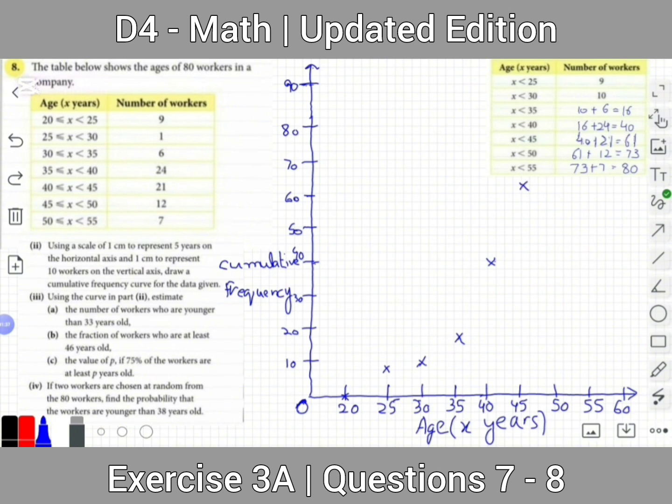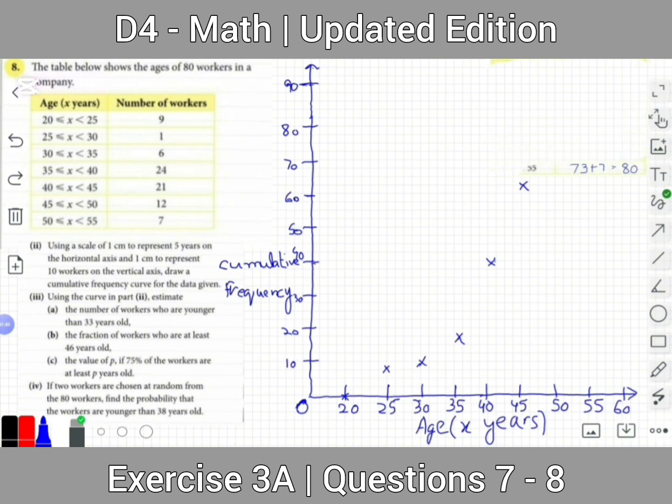For x less than 50, we have a cumulative frequency of 73. And for x less than 55, we have a cumulative frequency of 80.